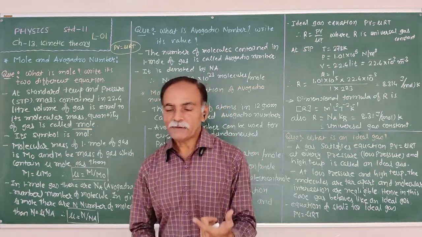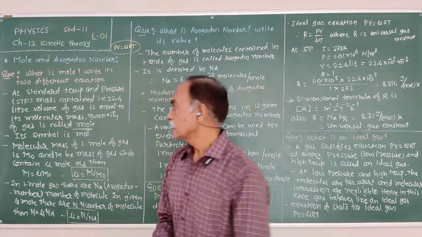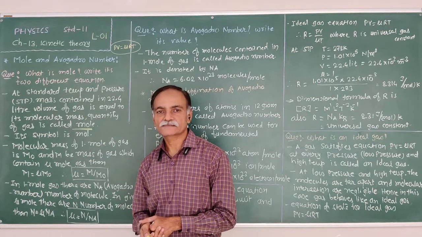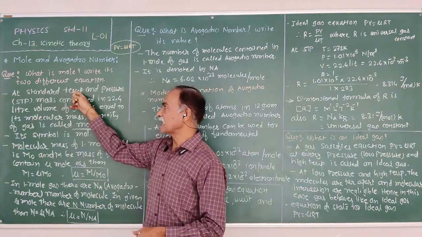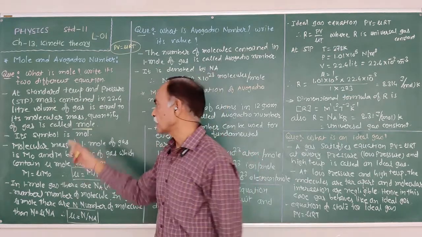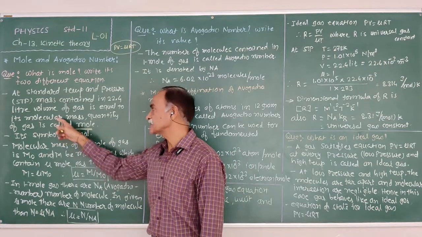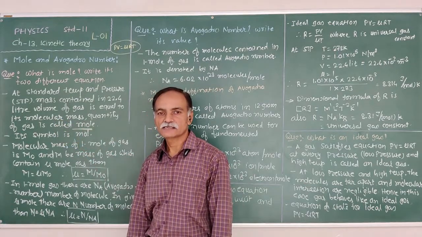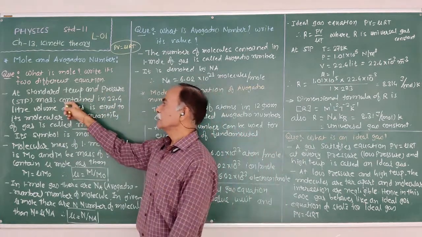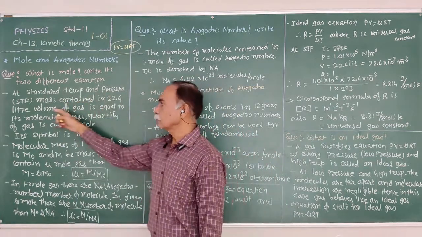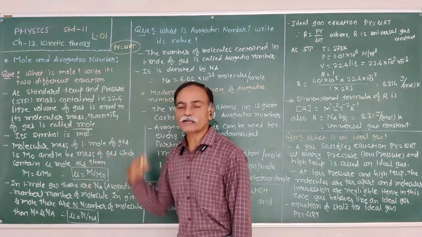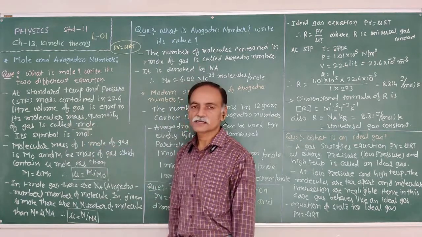Therefore, the definition is in that form. At standard temperature and pressure, the mass contained in 22.4 liter volume of gas is called the molecular mass, and the quantity is known as the 1 mole.